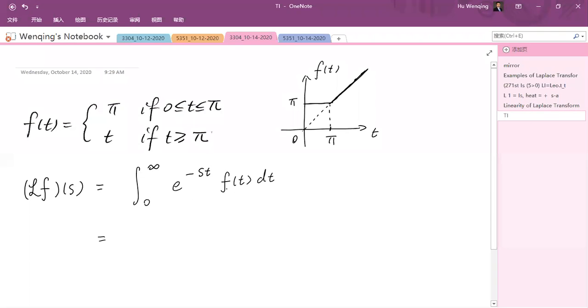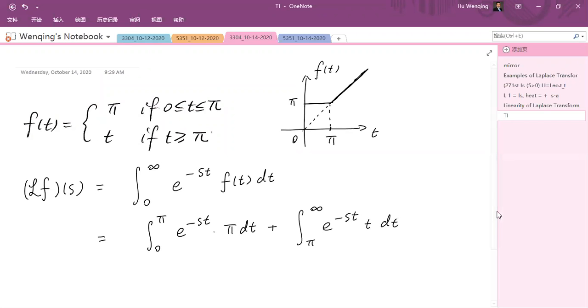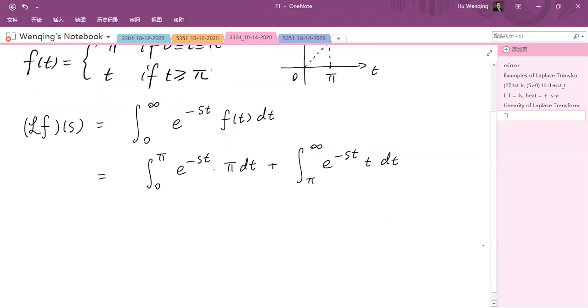Basically, you have to split the integral into its pieces. So you integrate from 0 to pi e to the minus s t, where f of t is pi, dt, plus the integral from pi to infinity of e to the minus s t, where the function is equal to t, dt. So you want to integrate these two functions.